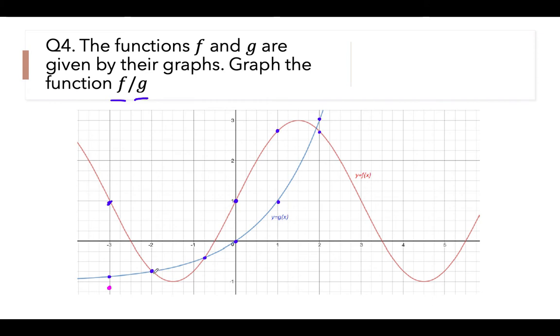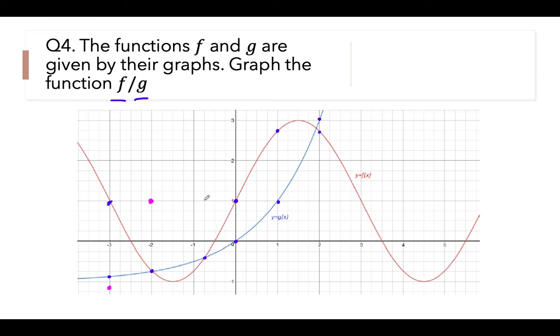Okay. At -2, it looks like it overlaps. So let's say -0.8 divided by -0.8, it's going to give me +1, right? And over here, I have 2 points that overlap.